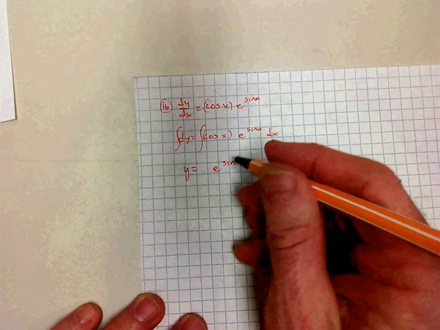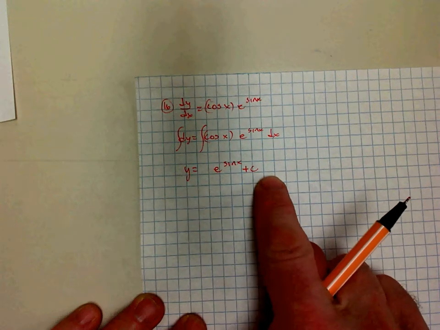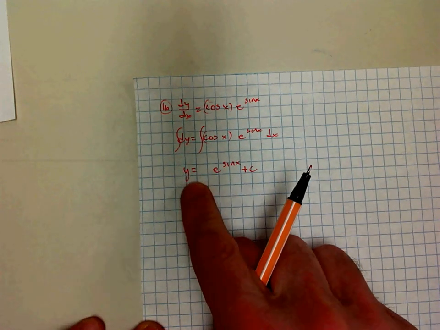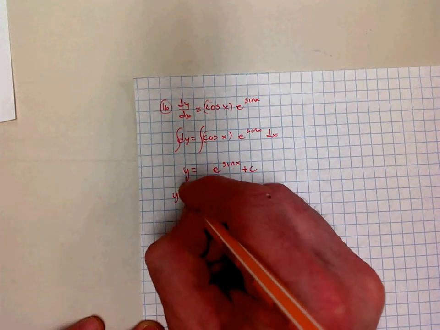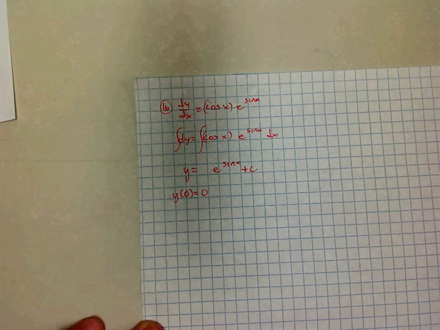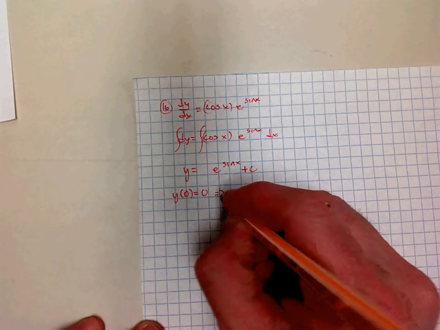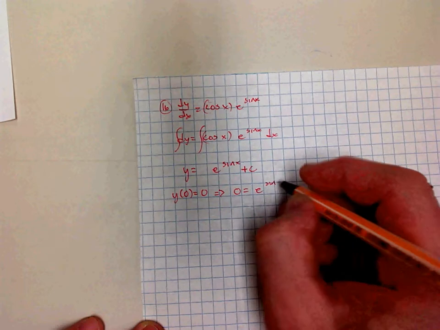In this case, I don't have to look at c1, c2, c3 because y's already solved for itself. But remember, we were given the initial conditions: when x equals 0, y equals 0. So let's substitute those in. That's going to give us 0 for y when e to the sine of 0, and then add c to it.